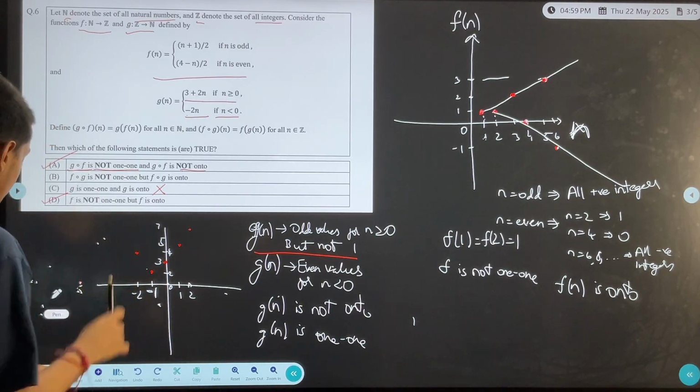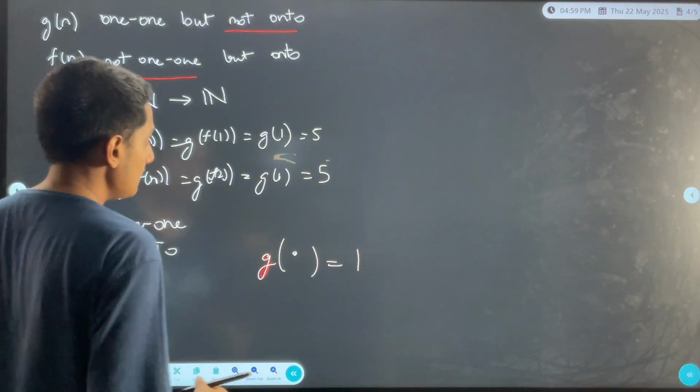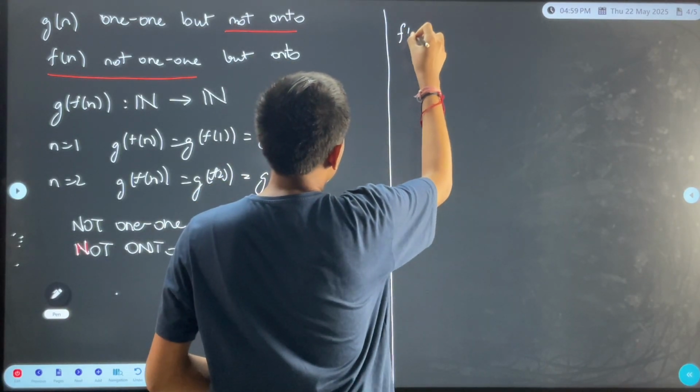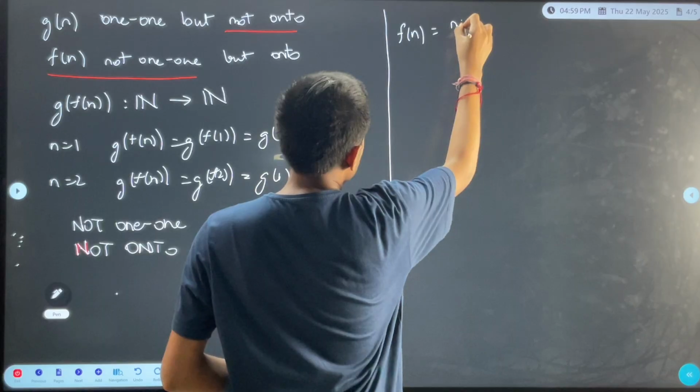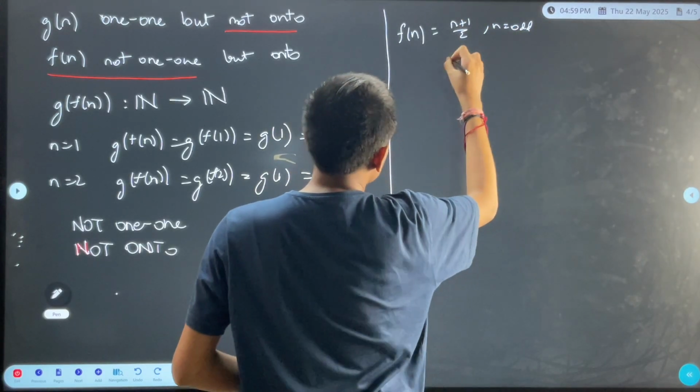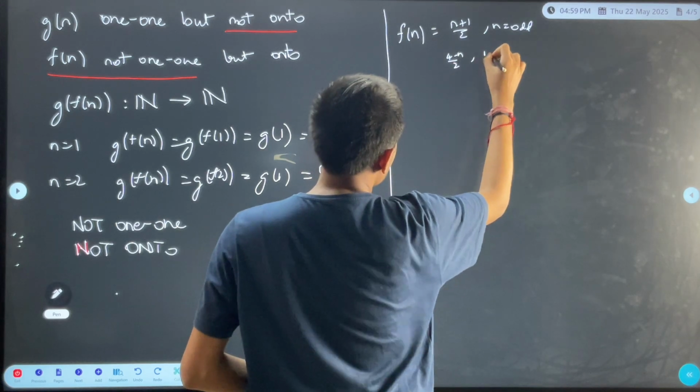Next, let's move on to option B. For f of g of n, we had f of n as (n plus 1) by 2 for n odd, and (4 minus n) by 2 if n was even.